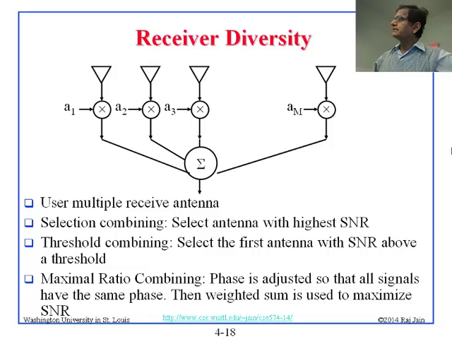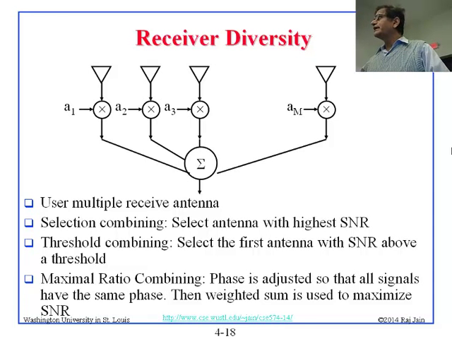Selection combining is to select the antenna with the highest signal to noise ratio. So you calculate the signal to noise ratio here, here, and so on and so forth, and take the antenna which is the best right at this minute. Alright, that is selection combining.